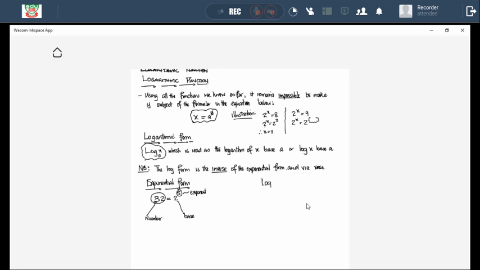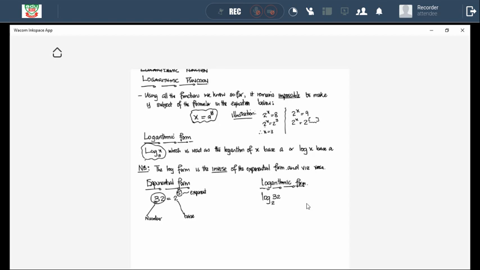Then I'm now coming to the logarithmic form. Let's look at this: log 32 base 2.